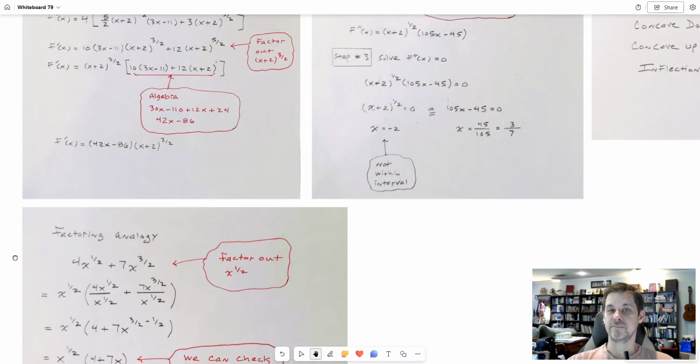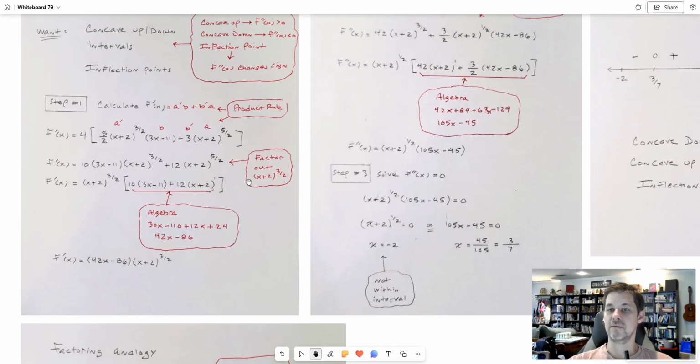All right, now, if over here the thing that will simplify it is to factor out (x + 2)^(3/2), likewise, I'll pull that out to the front. I'm going to write brackets right there, and I get these terms in there by dividing those that I had in the previous step by (x + 2)^(3/2).